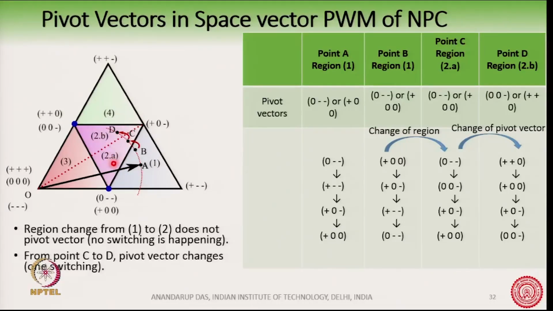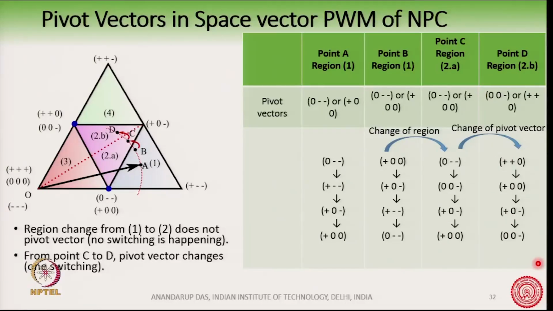Okay. 2A means part of this triangle, but inside under the control of this pivot vector, and 2B is this region of the triangle, but switched with this pivot vector. Okay. So, as I move from these regions, the switching happens like this way.